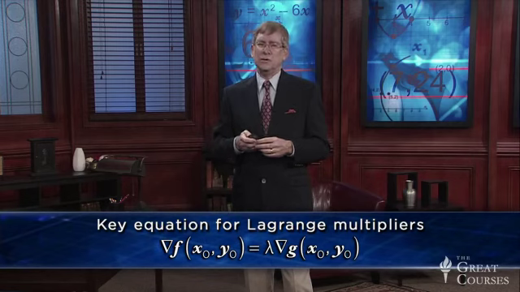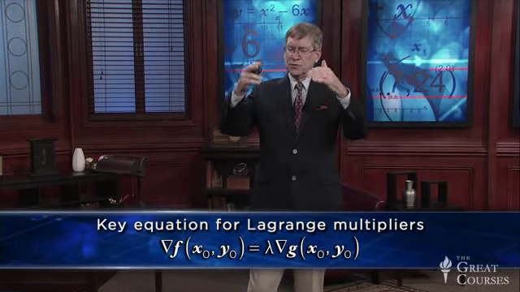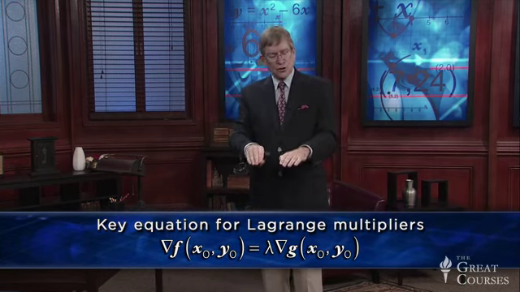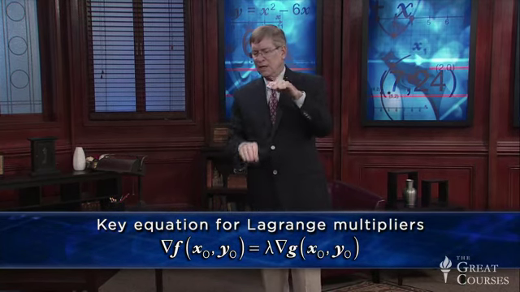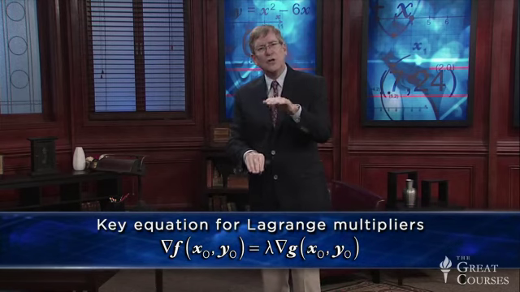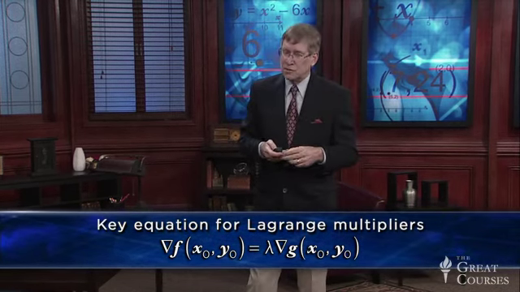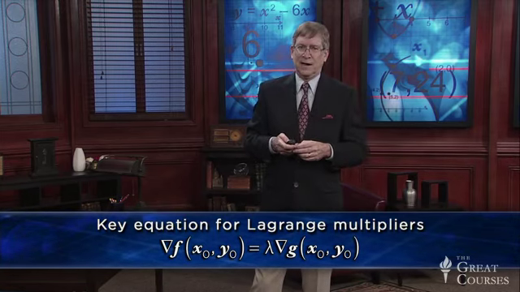That gives birth to some algebraic equations, and then you throw in the constraint equation, and you have enough equations and unknowns to be able to solve it. Again, it might have multiple solutions, although we haven't seen examples like that here.